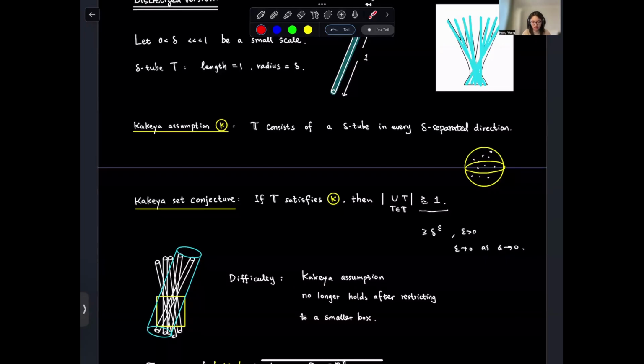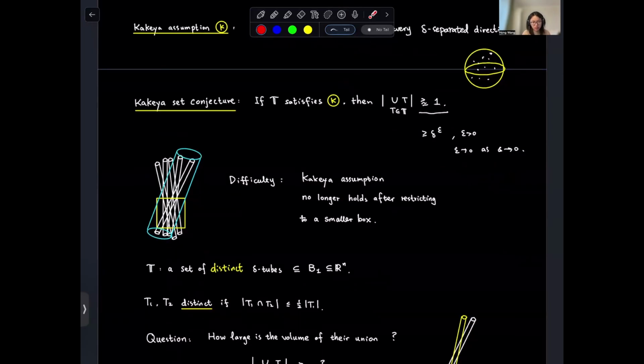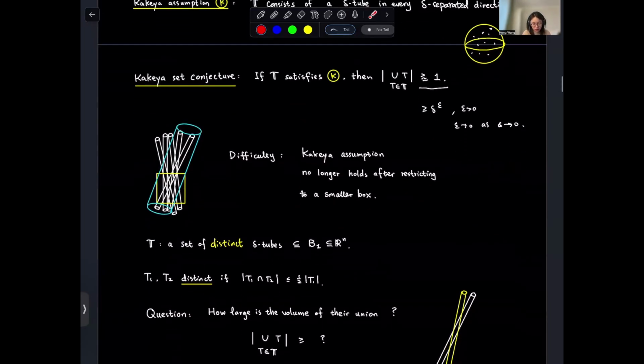Let's now think about this question, and we could first consider this more general question. Suppose blackboard T is a set of distinct delta tubes contained in the unit ball. Distinct means that if T1 and T2 are distinct, then the volume of their intersection is less or equal than 1/2 times the volume of one tube.